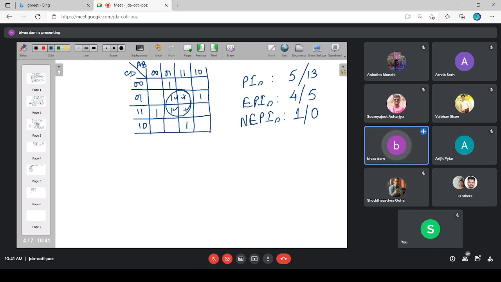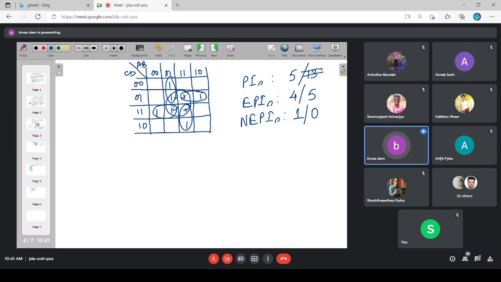How many such pairs will be there? Only 4. So this is one. At this pair formation level, are we able to cover all the ones? Yes, sir. So I will stop there. So how many PIs are there in all? 5.